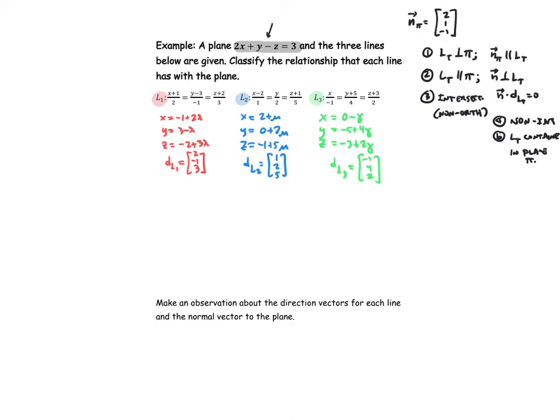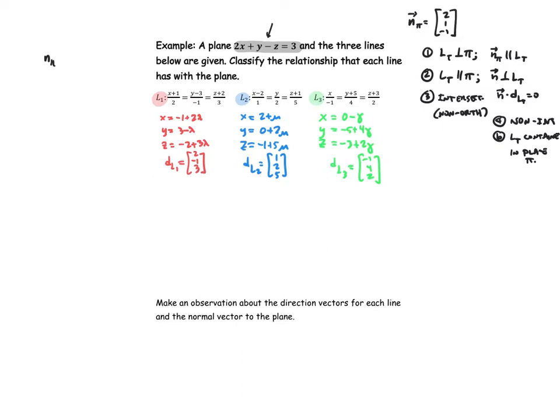Okay, now as I look at each of these and my normal above, I can see that none of these, 2, -1, 3, 1, 2, 5, -1, 4, 2, will be a scalar multiple of the normal of pi. So what do I mean by that?